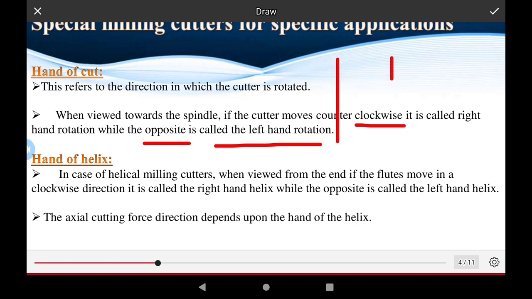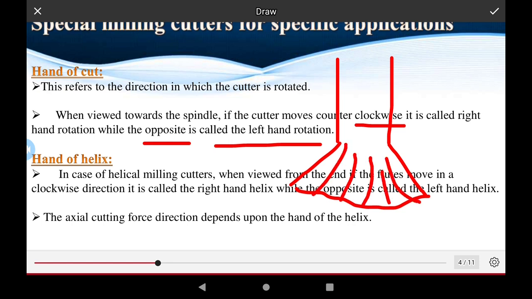This is the shank of the tool, and this is the diameter of the tool. This is the tool face of the tool, and this is generated for the large diameters of the workpiece.